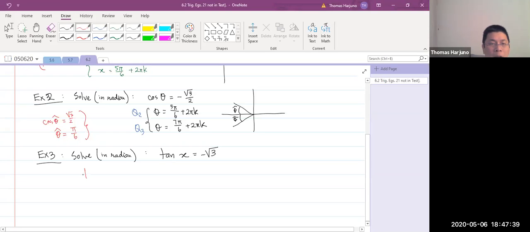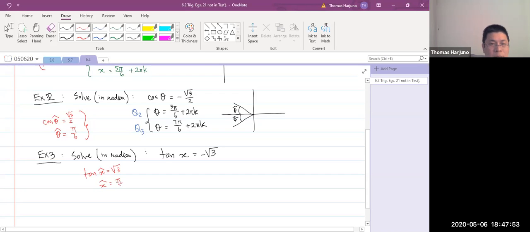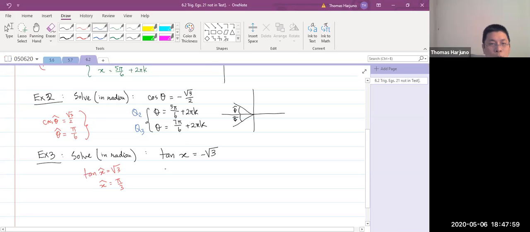So at the back of my mind, what reference angle gives me tangent radical 3? 60 degrees, so that's pi over 3. Okay, so tangent is negative in quadrant 2 and quadrant 4. So the reference angle is pi over 3. In quadrant 2, I think that's 2 pi over 3. In quadrant 4, that will be 4 pi, I'm sorry, 5 pi over 3, sorry.